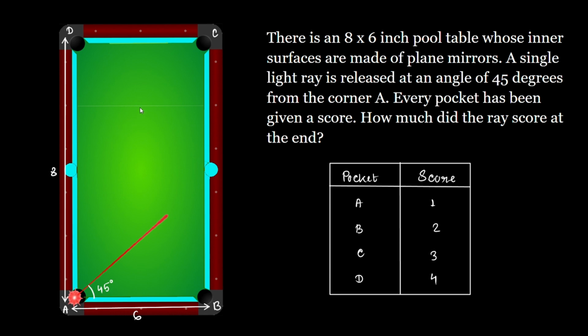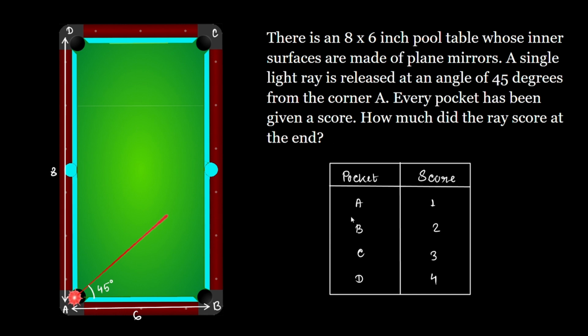Now, a single light ray is released at an angle of 45 degrees from the corner A. So this is the corner A, and a single light ray is released from here. Now here every pocket, you can see four pockets are there, A, B, C, D. So every pocket has been given a score.